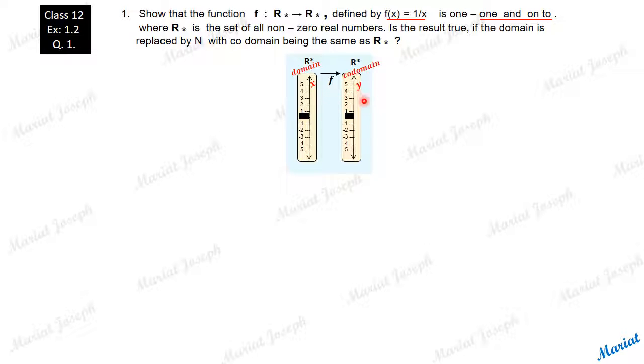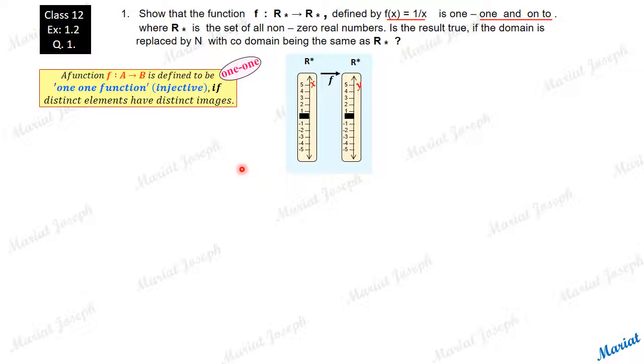Let's see whether this function is a one-one function. What is a one-one function? A function f defined from A to B is called a one-one function or injective function if distinct elements have distinct images. That is, for any two distinct elements of the domain, the images should also be distinct.